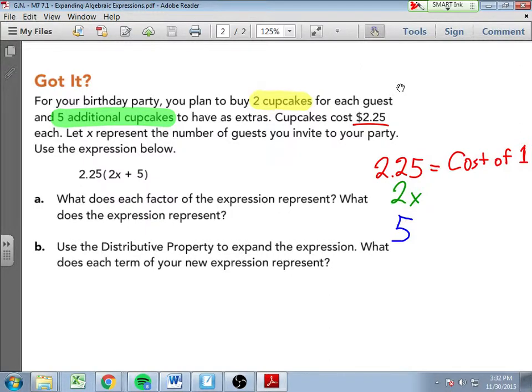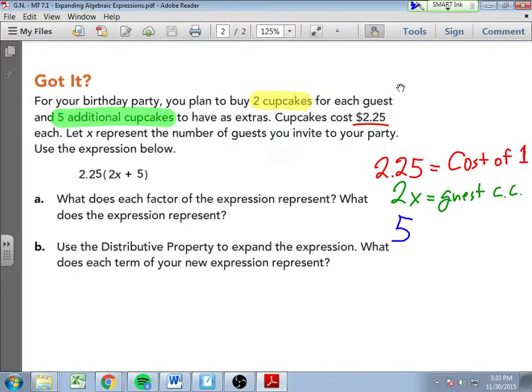Jennifer, what's the 2x mean? How many cupcakes you're going to get each guest? Yeah, so those are the cupcakes for the guests. So these are the guest cupcakes. I put 2 per guest. Yeah, 2 per guest. That's a really good description too. I'm abbreviating cupcakes as CC because I've run out of board. And the 5.